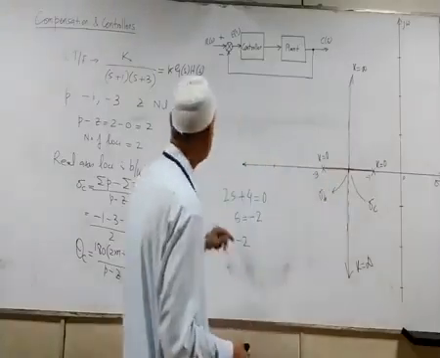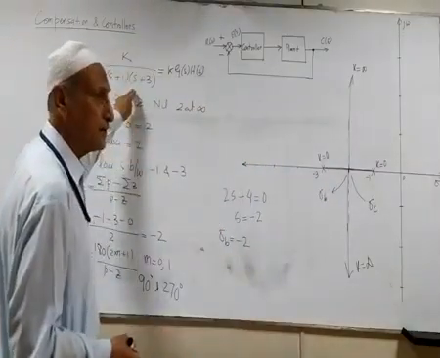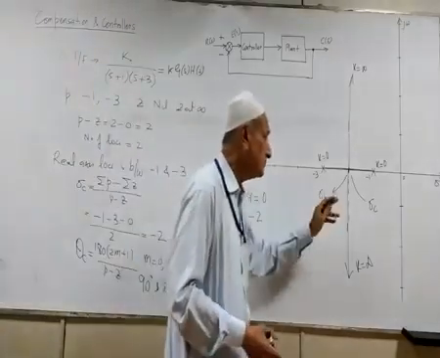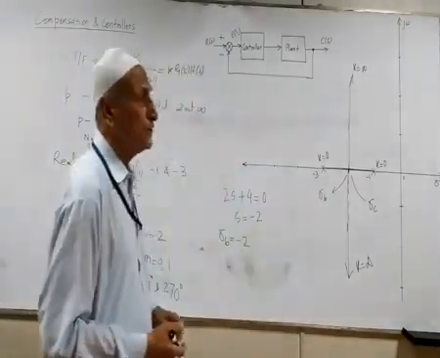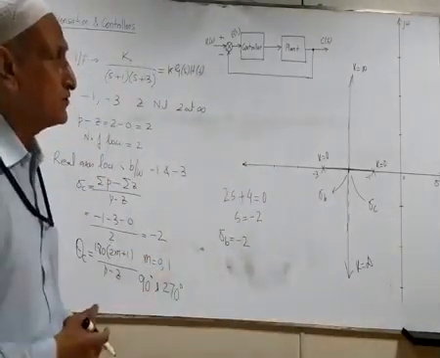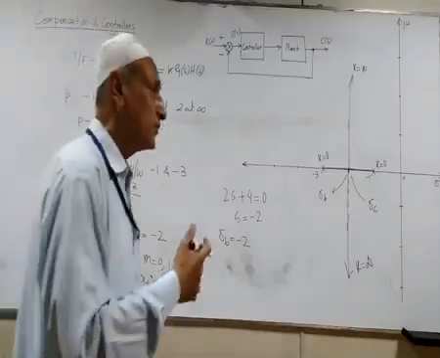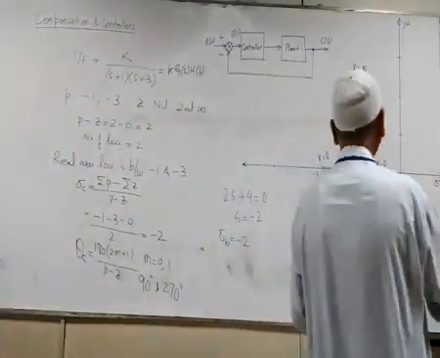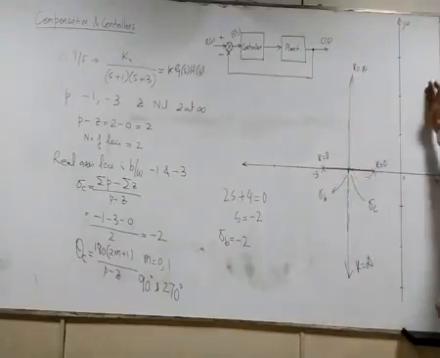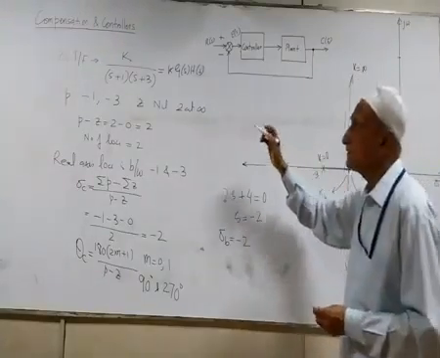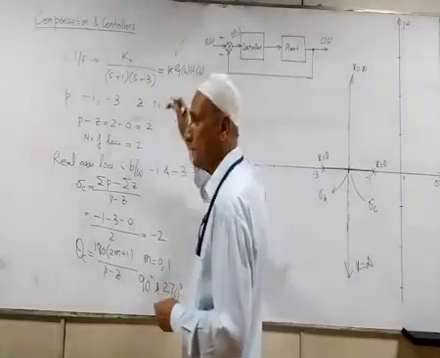In fact, this transfer function, which is a second order system, is always stable. The reason is that the root locus is simply a vertical straight line, and it does not in any way go into the right half of the s-plane, which is an unstable region. So we can say the system is always stable.